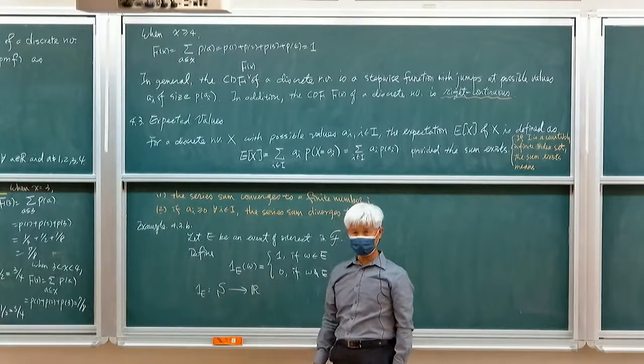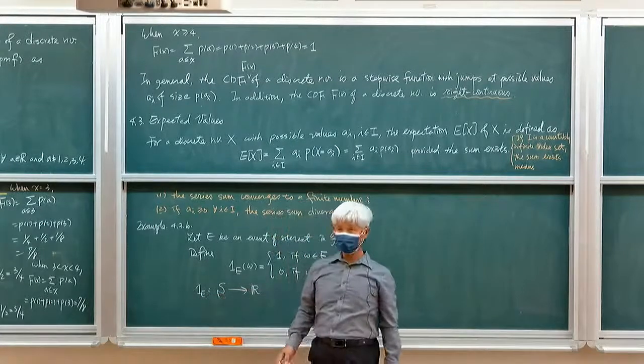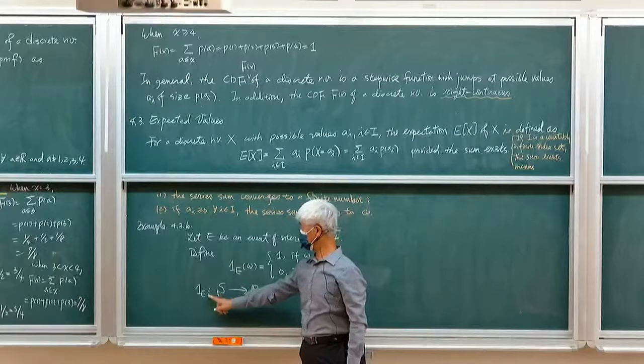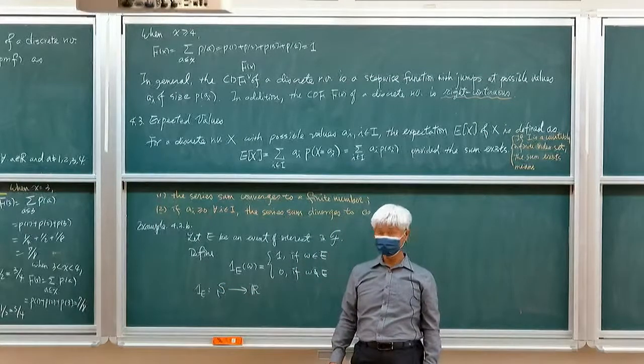There are only two possible values. But it's just a function, so we have to show that this function is a random variable.